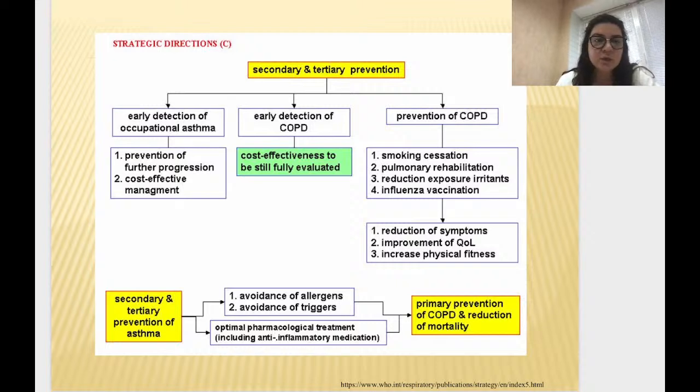Yes, it lies in early detection of occupational asthma, early detection of COPD, and possible prevention of COPD with smoking cessation, pulmonary rehabilitation, reduction of exposure to irritants, influenza vaccination, and other mechanisms of prevention of COPD and bronchoobstruction in general. Okay, for today that's all.